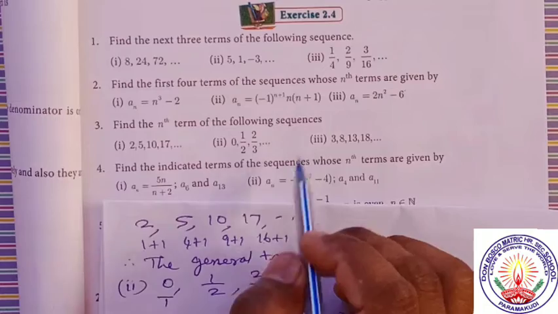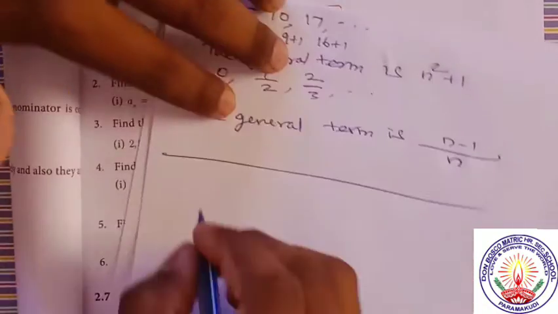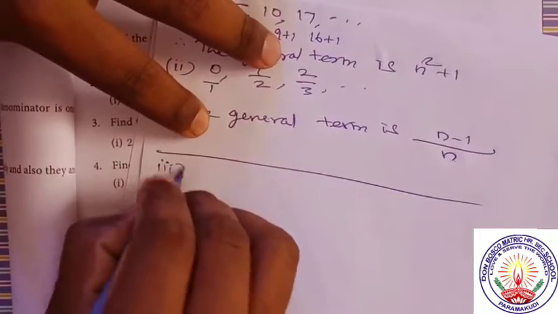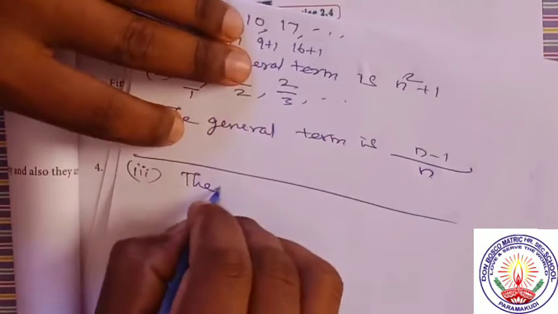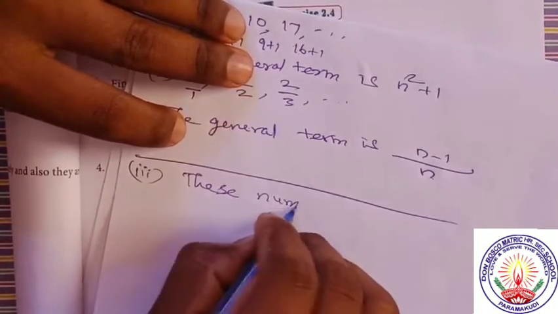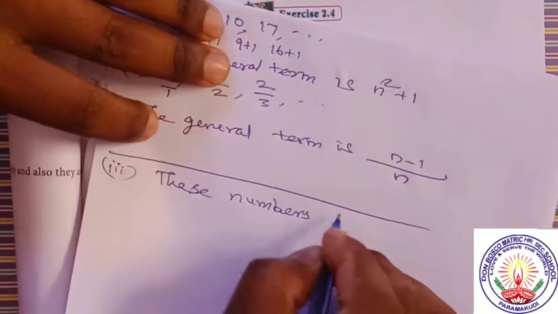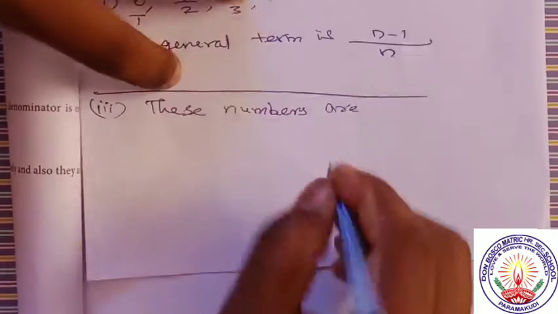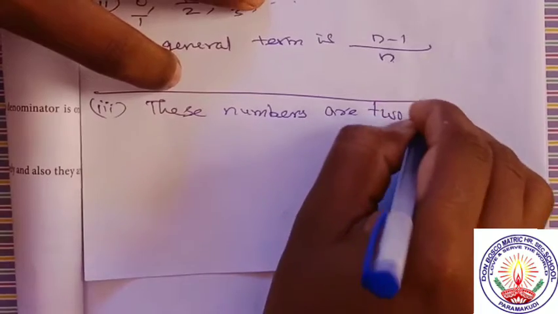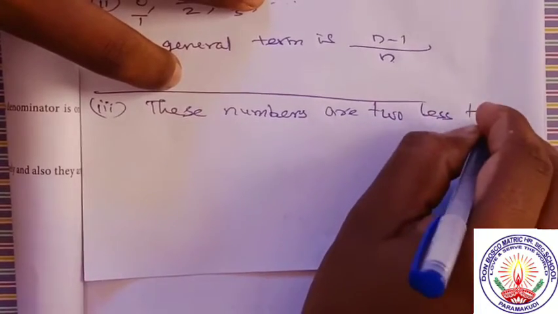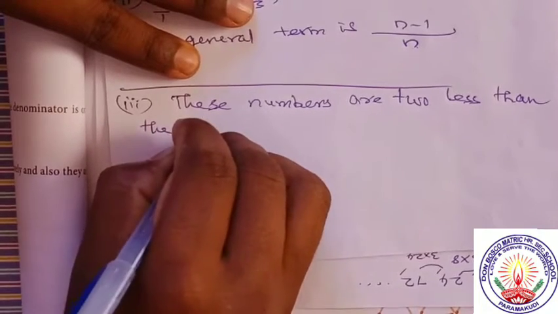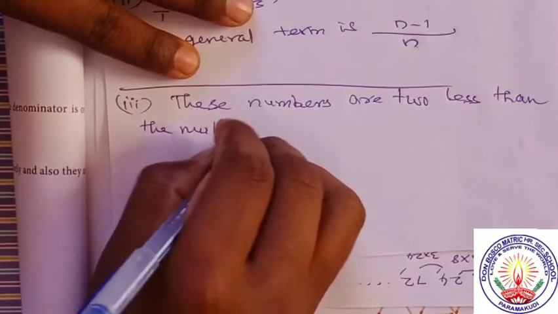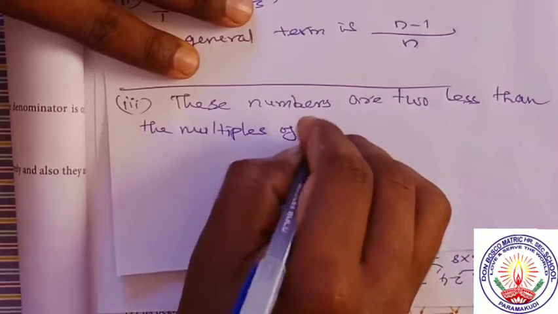Since all are 2 less than the multiples of 5, we can observe these numbers are 2 less than the multiples of 5.